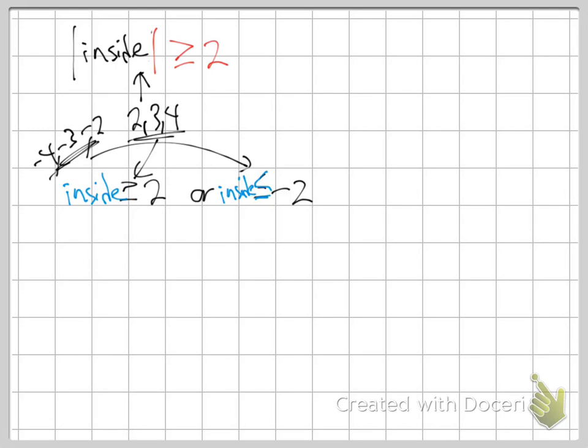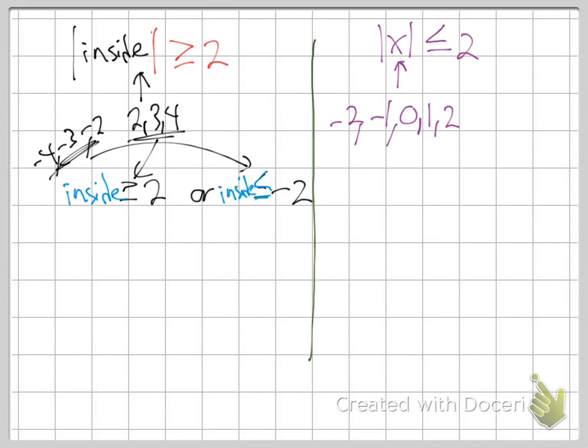Now, vice versa, if instead we had the absolute value of x less than or equal to 2, let's think logically about what you could put in there for x to make that true. What numbers' absolute value comes out 2 or smaller? 0, 1, or 2, of course. But what about the negatives? -1 and -2, any of those. Like -1, absolute value is +1, less than 2.